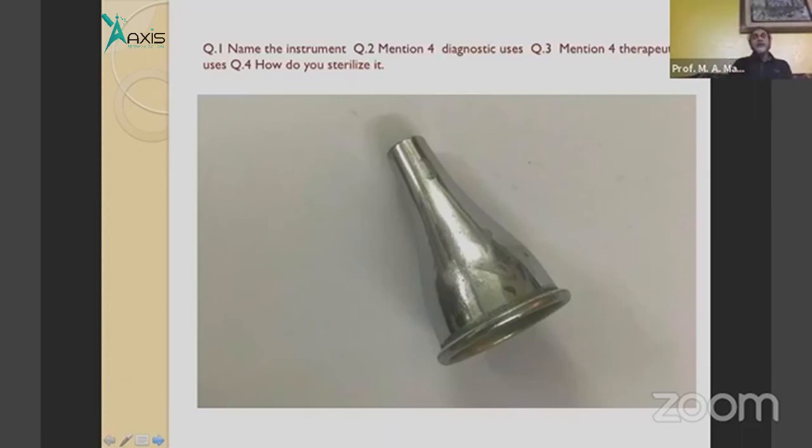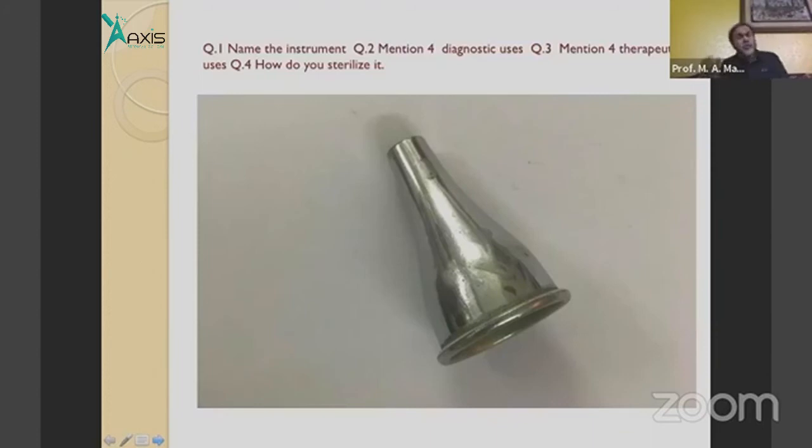Diagnostic use means to see the eardrum, any perforation of the eardrum, any discharge in the middle ear, any polyp or growth in the middle ear, any cholesteatoma in the attic, or any foreign body in the ear, especially the deeper part of the ear canal or over the eardrum, and to see the color of the eardrum. So all these are diagnostic.